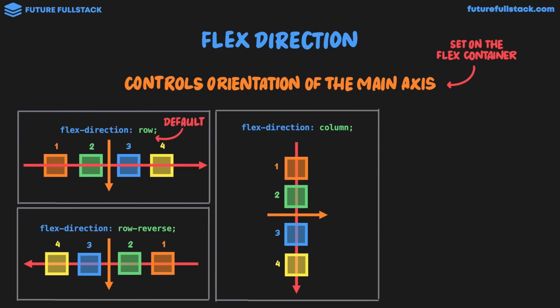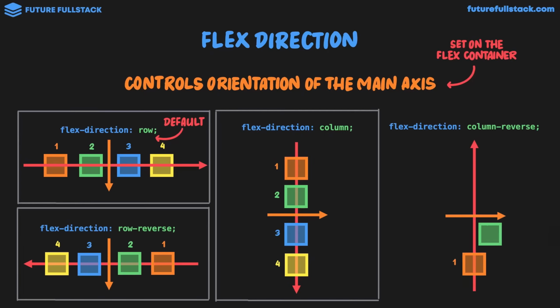The final value we can have for flex-direction is flex-direction: column-reverse. And as you could probably guess, this flips the direction of the main axis to now go from bottom to top, with the cross axis still going left to right. So our flex items would now appear like this: 1, 2, 3, and 4, going from the bottom to the top.